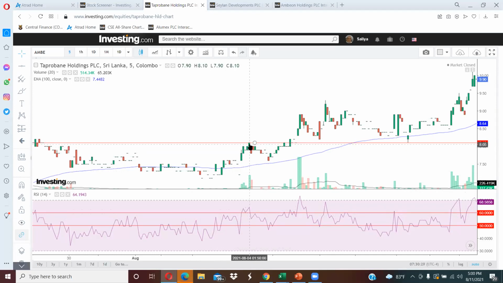thereby hitting a high. Then the RSI drops, the price drops, but making a higher low formation, and it's also above the 100 period moving average.